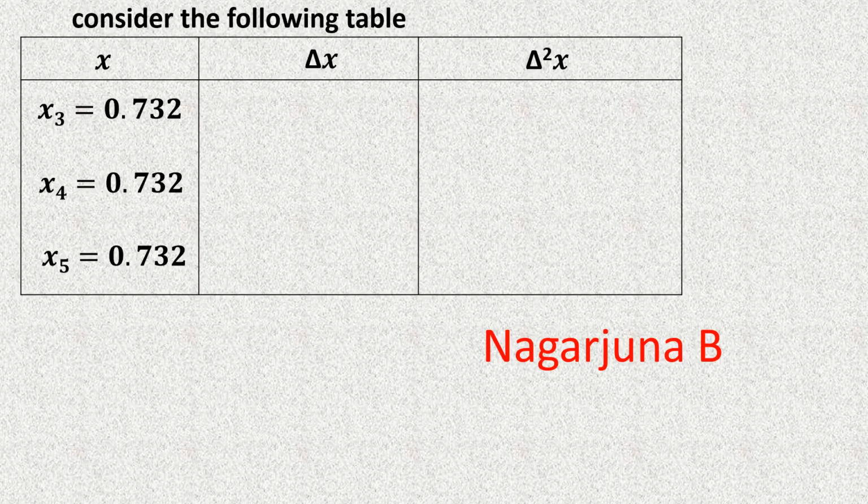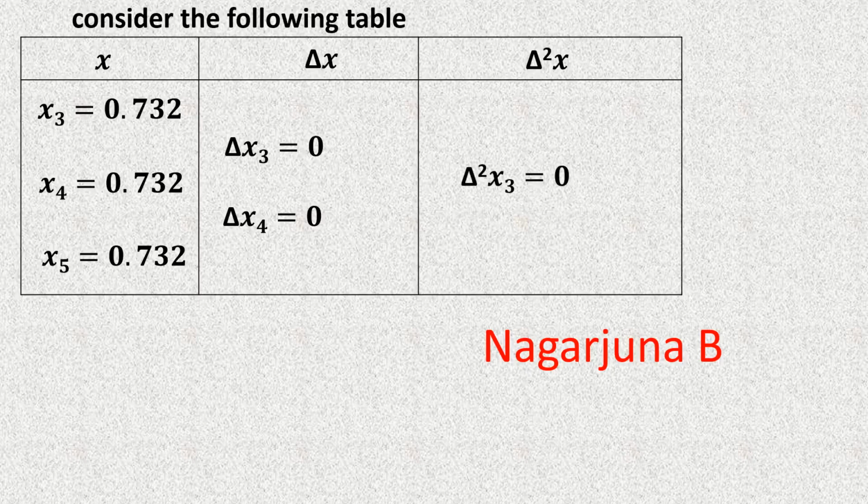Now delta x, that is the delta x3 will be equal to what? x4 minus x3, and it will be equal to 0. Then delta x4 will be equal to x5 minus x4, it will be equal to 0. And delta square x, that is delta x4 minus delta x3, it will be equal to 0. And observe how to write in the table.